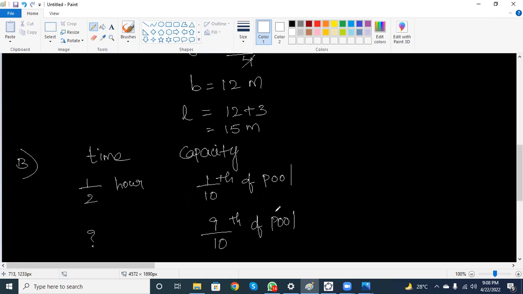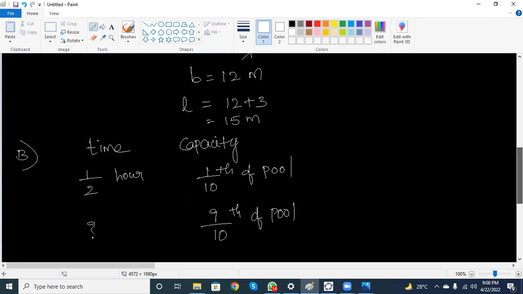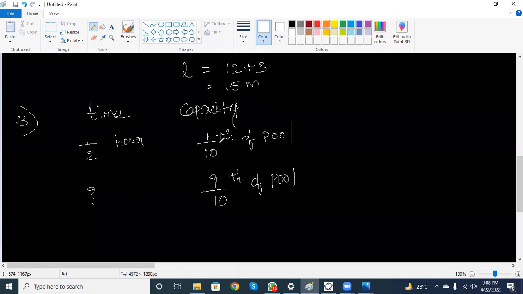Now, 1/10, 9/10. So the pool capacity is increasing much. If you want to fill a big swimming pool, you need more time than this.